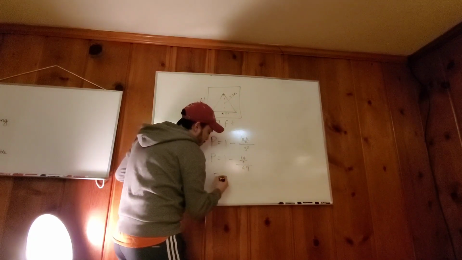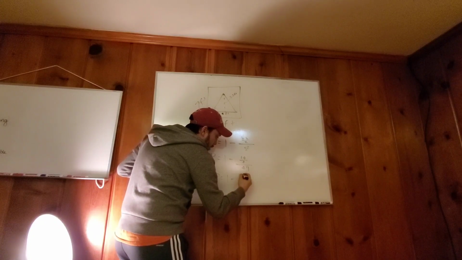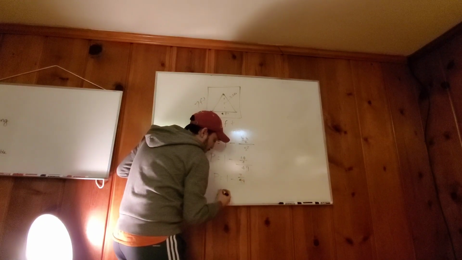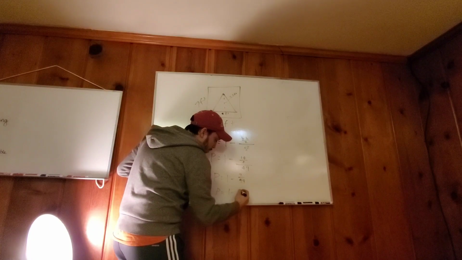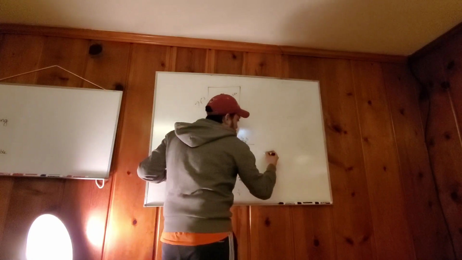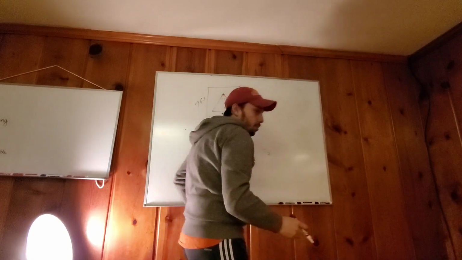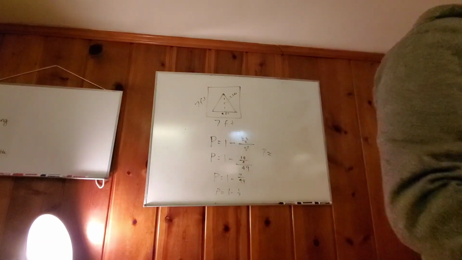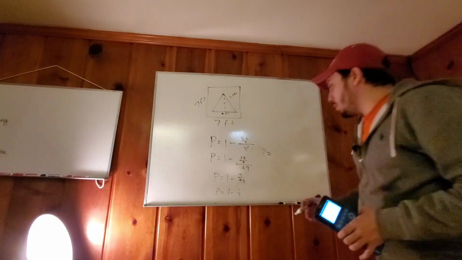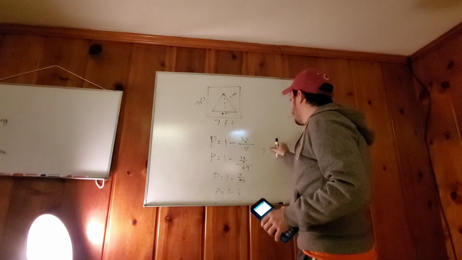Then this becomes 7 over 49, so it's 1 minus 1/7, and the probability is just 6/7. Oh, yay. And that would be it.